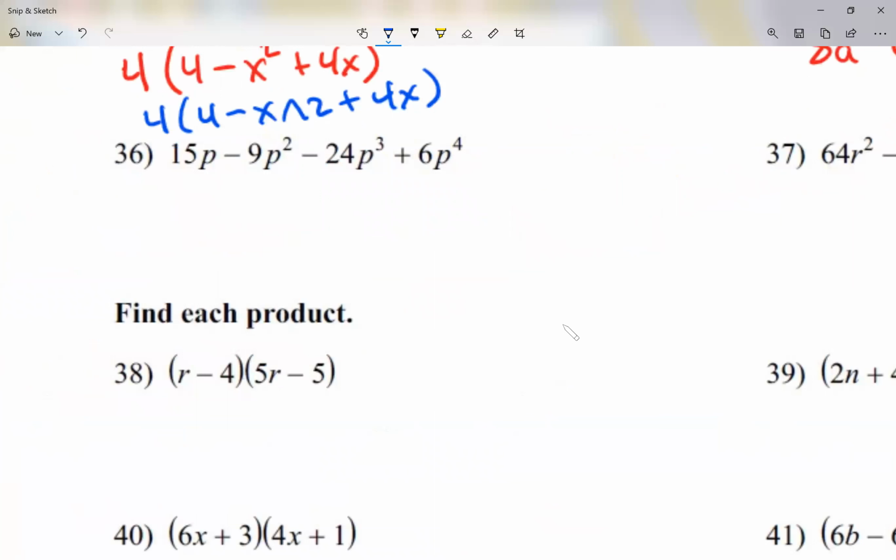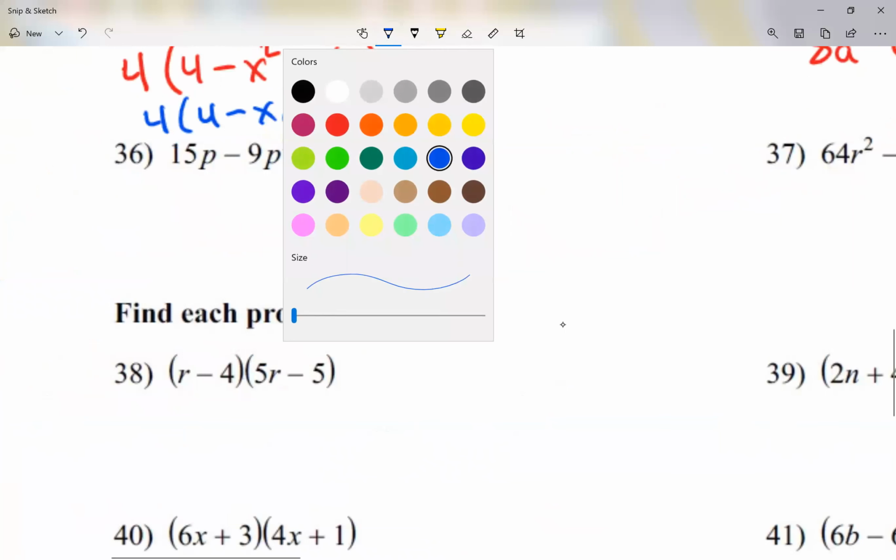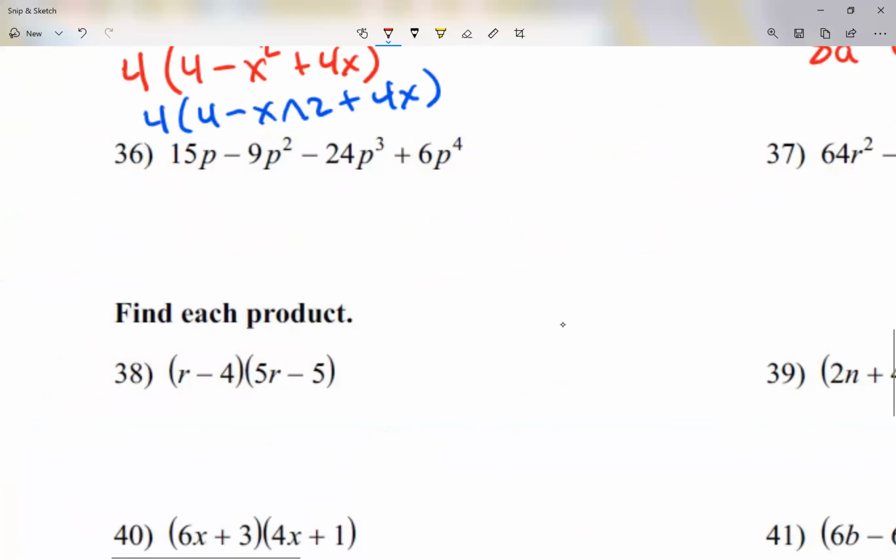All right, let's take a look at number 36. Number-wise, I see my numbers 15, 9, 24, and 6. Then I ask myself, can I possibly divide them all by the same thing? In this case, yeah, I can divide everything by 3. Letter-wise, I noticed all my terms have a letter.